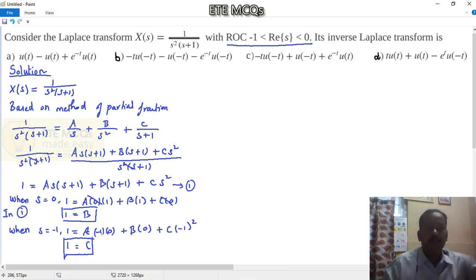Now, next we are supposed to find the arbitrary constant A. Substituting values for s to find the arbitrary constants is one way. The other way is by equating the coefficients. When you equate the coefficients, it is possible to find the unknown arbitrary constants. So in order to find A, let us equate the s squared coefficients.